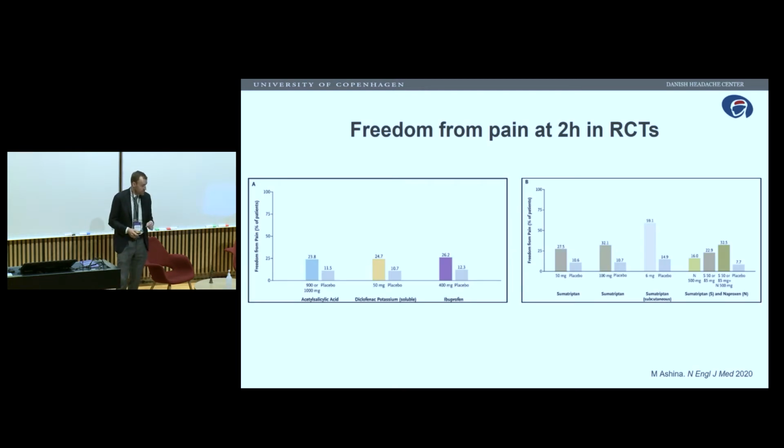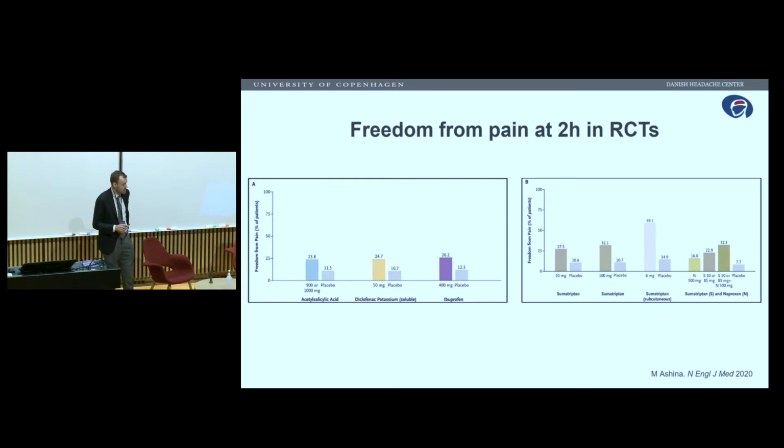This is from Professor Sheena's paper in the New England Journal from 2020, which is really laying out all the data from these Cochrane reviews that were performed in 2013, 2014 with acute and preventive treatments.